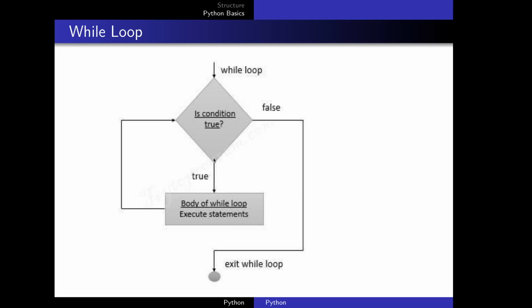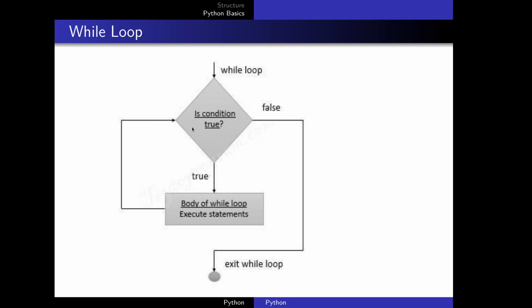If it is true, it executes the body again. If the condition is false, it will exit the while loop. So this will keep executing the body again and again while the condition is true.